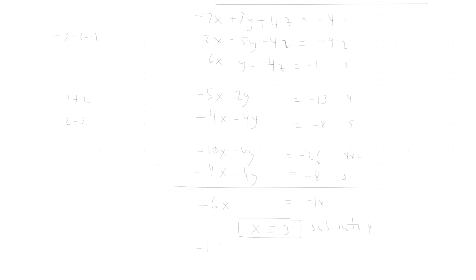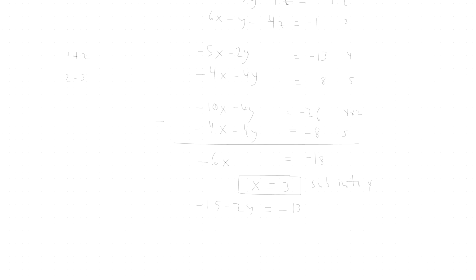Add 15 to both sides. -2y equals 2. Okay, so then therefore y equals what? Divide both sides by -2. -1. Okay, so there's x, there's y.